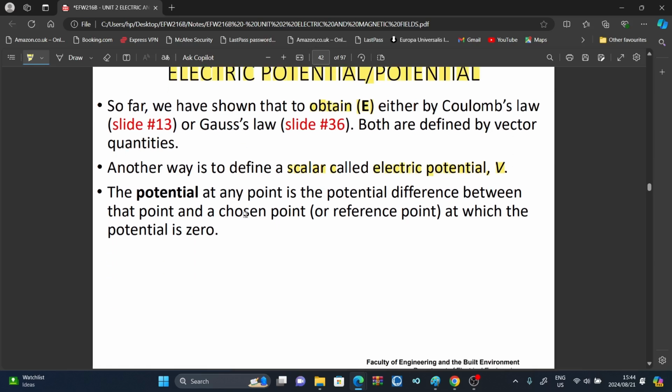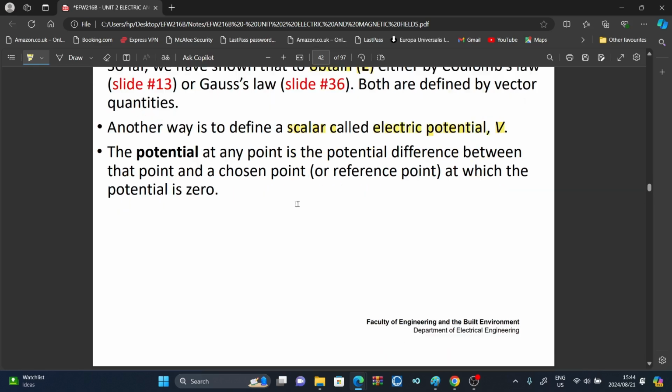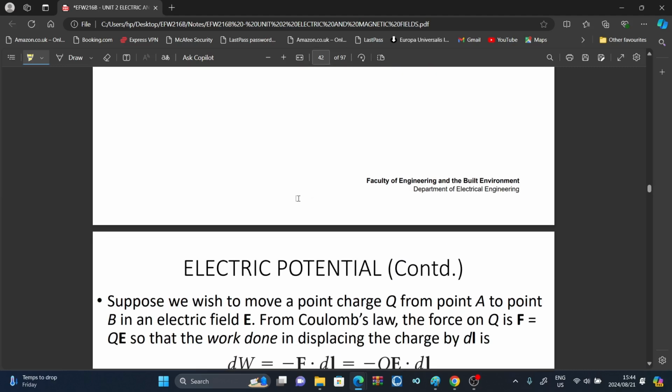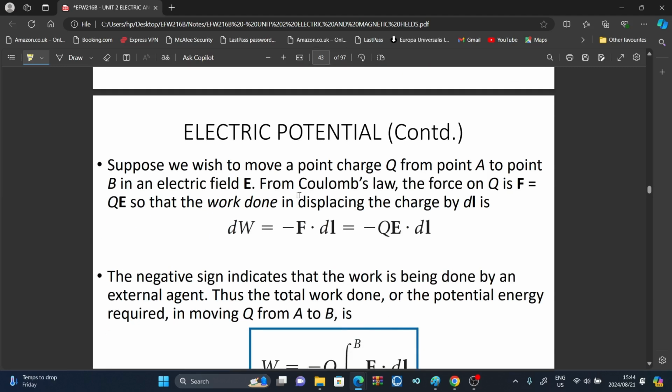So now we'll use electric potential to figure out how to calculate E. You can read through this.